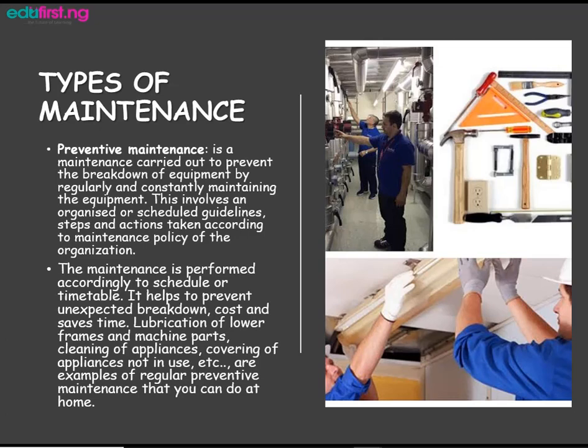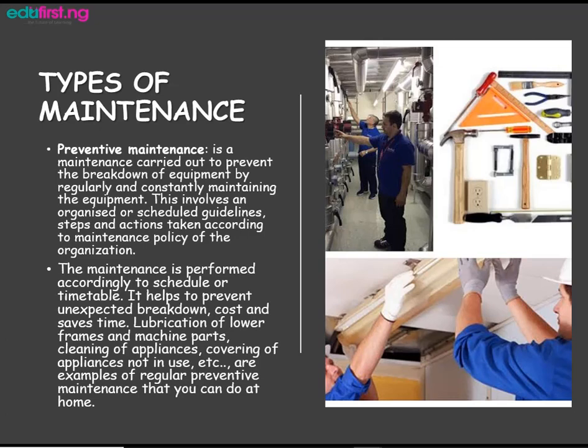Now, steps and action taken according to the maintenance policy of the organization are guided and scheduled by individual. The maintenance is performed according to schedule or timetable. It helps to prevent unexpected breakdown, cost, or save time.